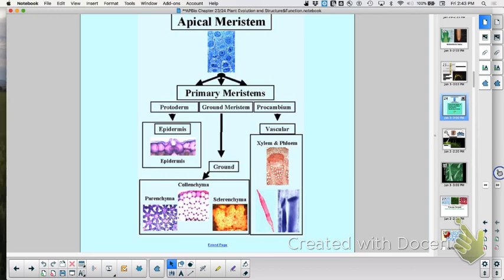Which here is alive? The first two, parenchyma and collenchyma. Sclerenchyma is dead. That's like walnut seed shells, things that are really hard like that. And then procambium will develop into xylem and phloem.